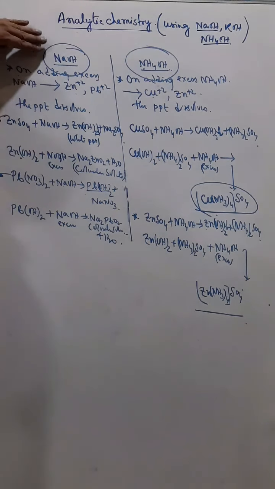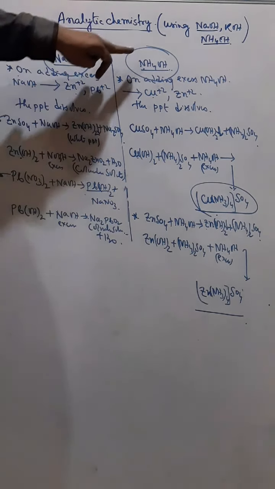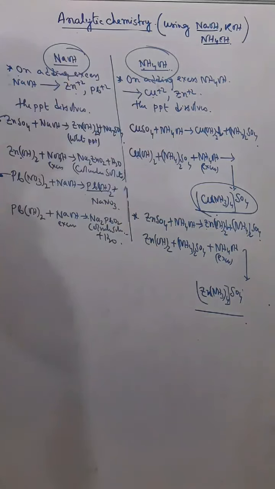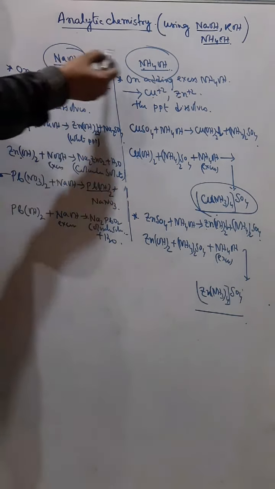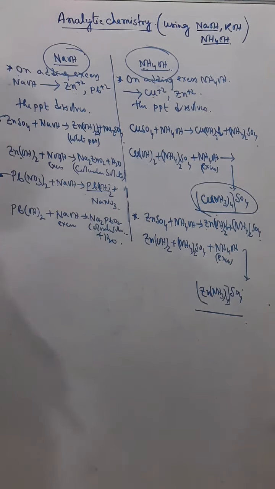So just remember it in this way. In case of sodium hydroxide, zinc and lead in excess are dissolving, and in case of ammonium hydroxide, copper and zinc in excess are dissolving. Okay, so this is all that is given in the reduced and final ICSE syllabus. If you see the syllabus, it's written only NaOH and NH4OH. The reactions are there, and you will find some other reactions in the chapter also.